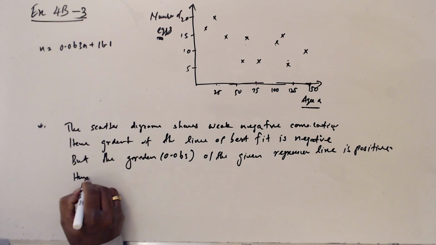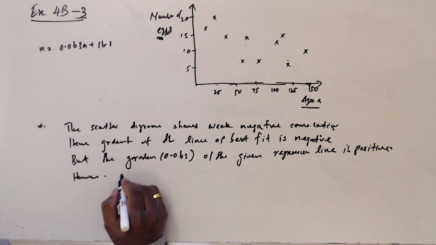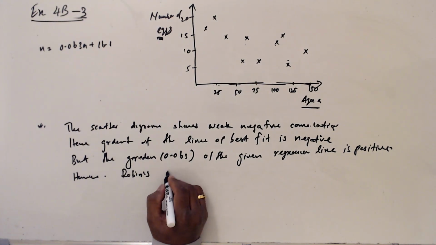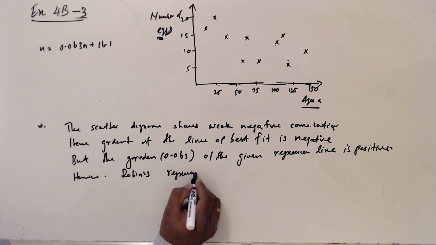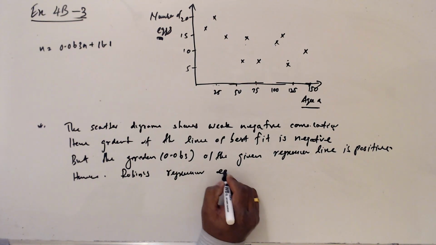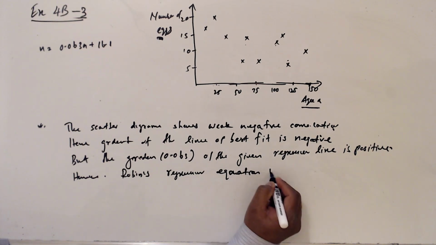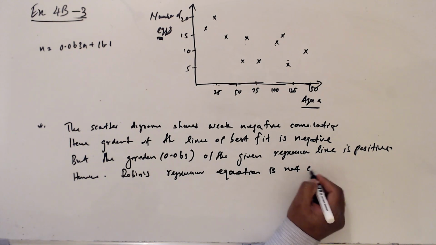Hence, Robin's regression equation is not correct.